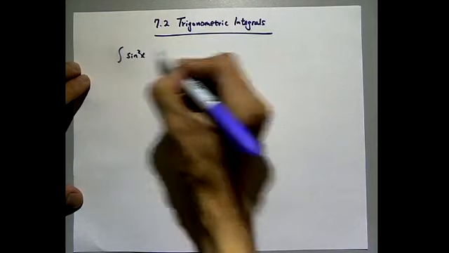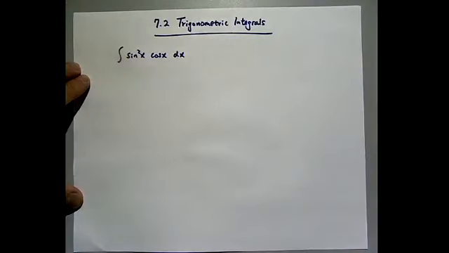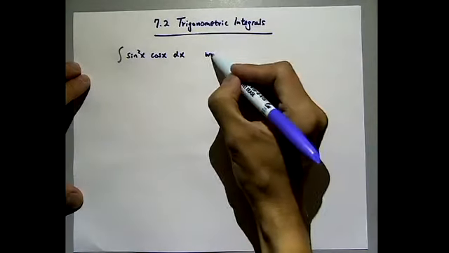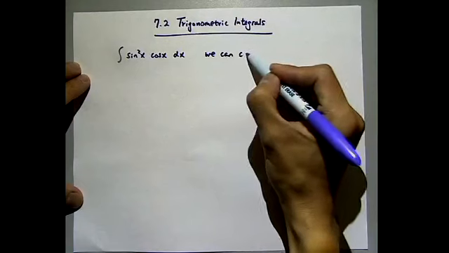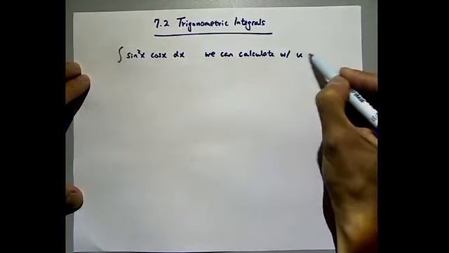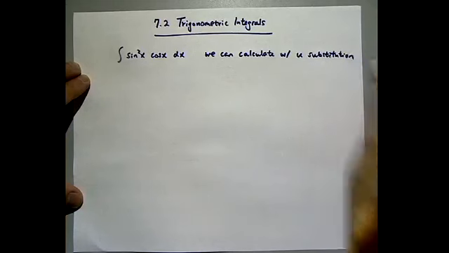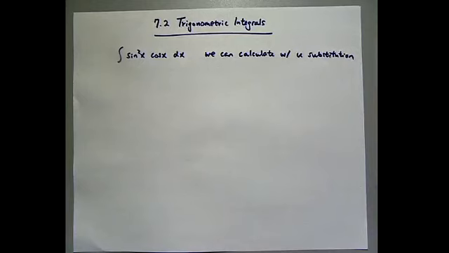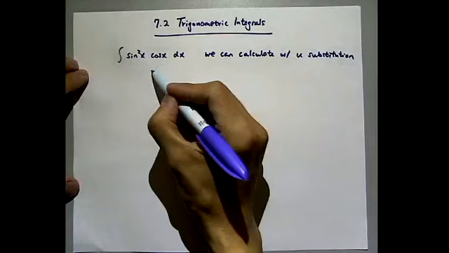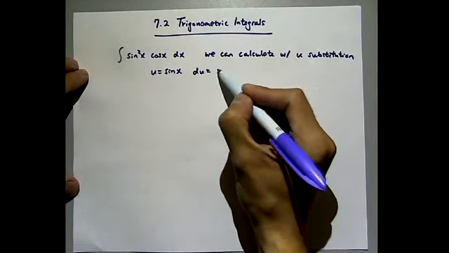For example, something like this. This is something that we can do with a u substitution, right? And you can see if we let u be sine of x, then du is cosine x dx.